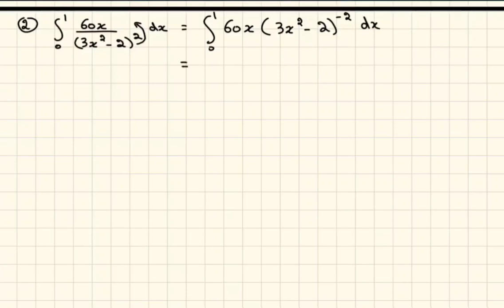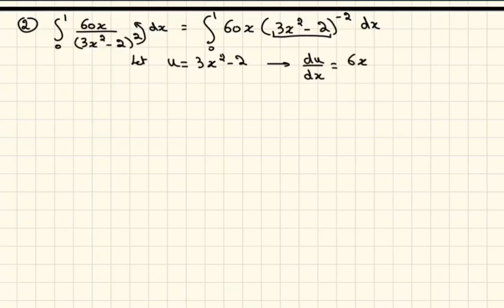so if we have parentheses and there is a function of x inside, or something in terms of x inside, directly I start by saying let u equals 3x squared minus 2, and I find du over dx, which is the derivative. In this case it is 6x.